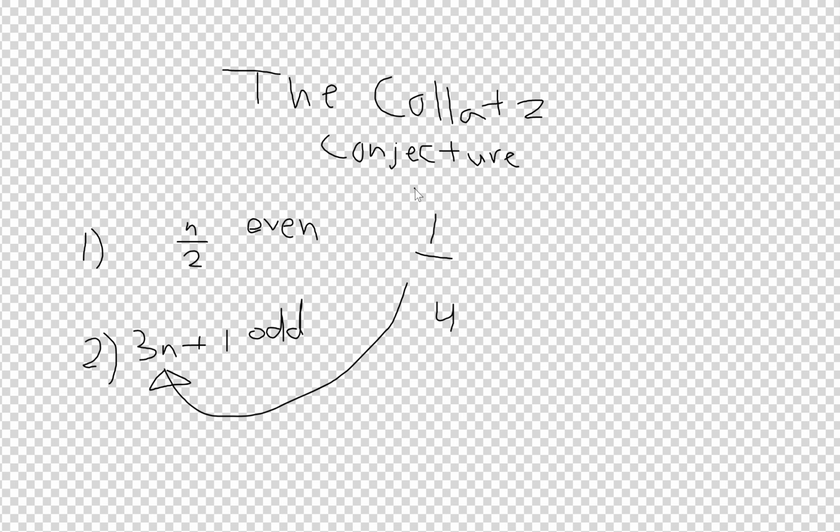And as stated in the Collatz Conjecture, if you have an even number as resulted in 4, you must divide that number by 2. 4 divided by 2 is 2. And since 2 is also an even number, 2 divided by 2 is 1.